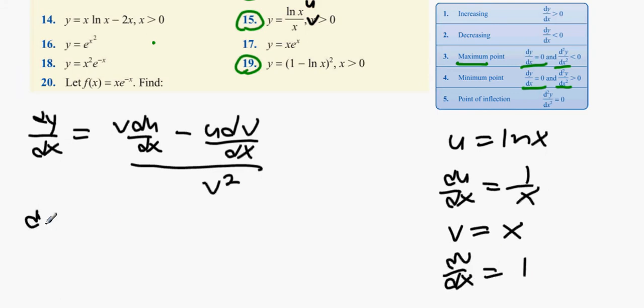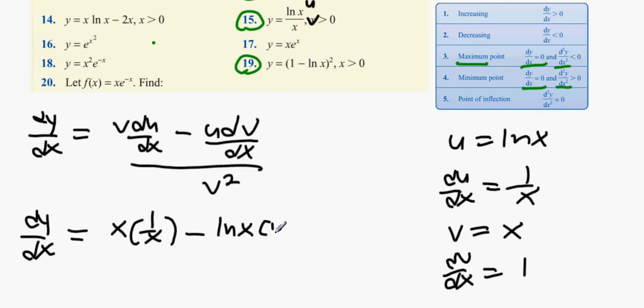So when we differentiate for the first time, what we're going to get is v times du/dx, which is x times 1 over x, minus u times dv/dx, which is ln x times 1, all over v squared, which is x squared.